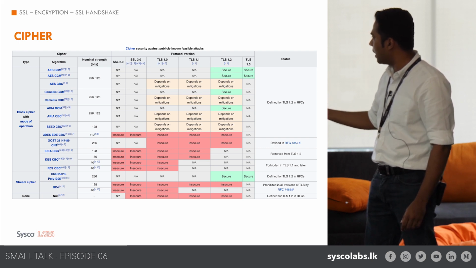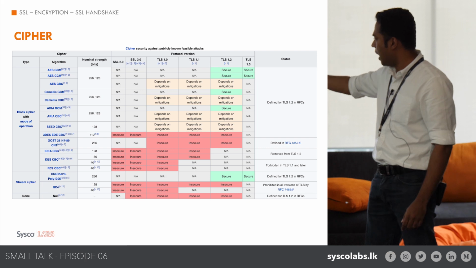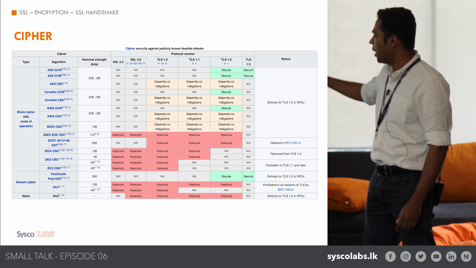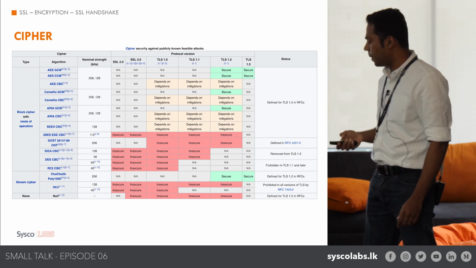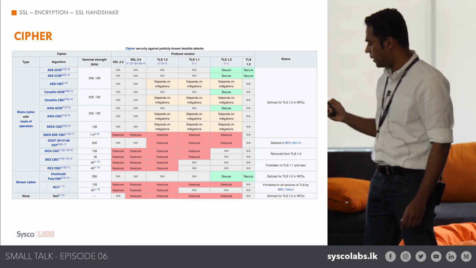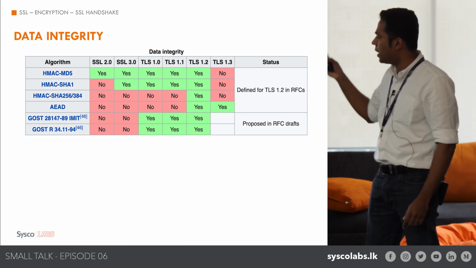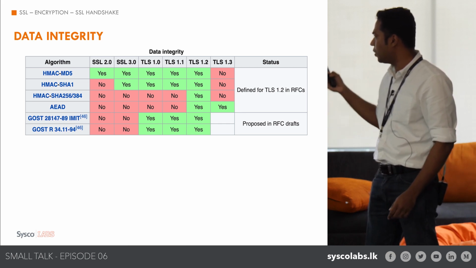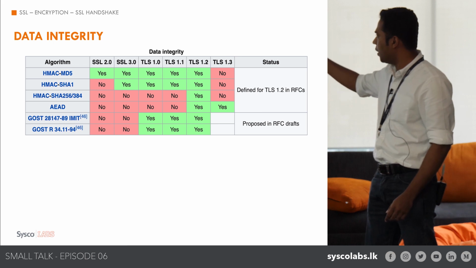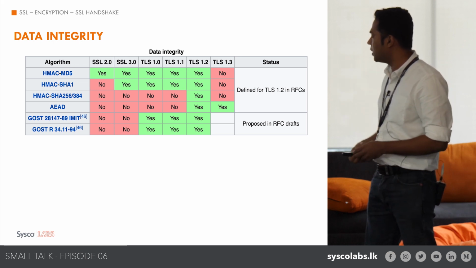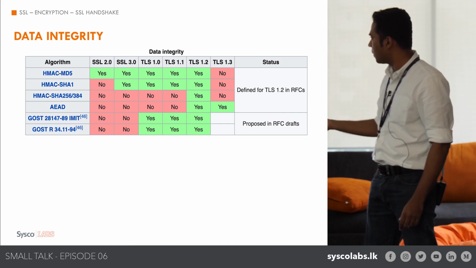You can see the AES algorithm and the RC4 algorithm. Those are some of the algorithms that we use for encryption in SSL. And for data integrity, there are a lot of hashing algorithms available, and only a few are supported by the later versions, for various reasons.